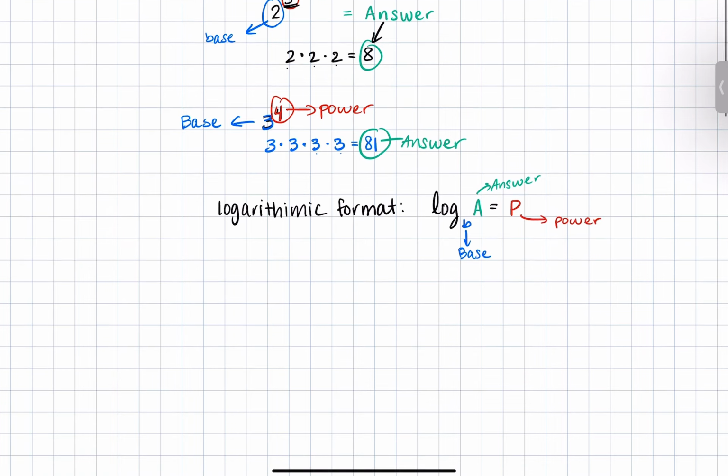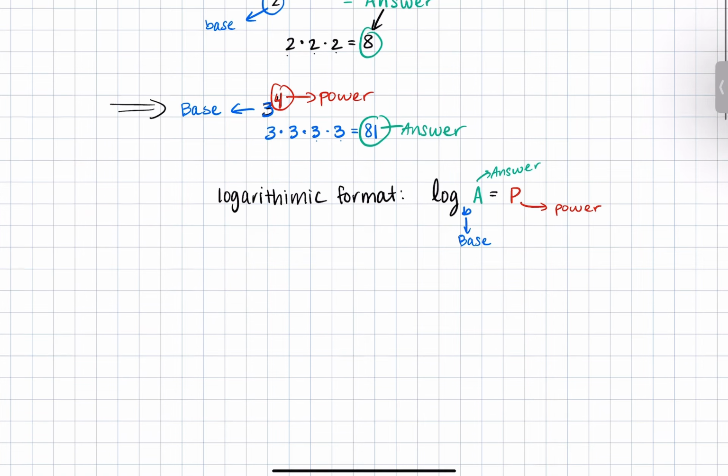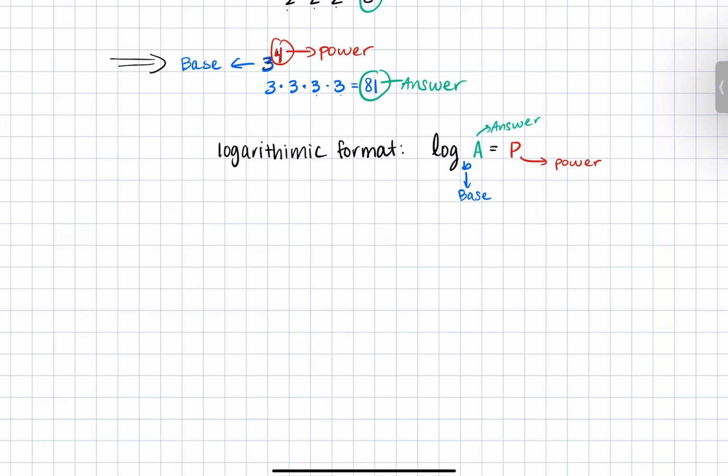So going back to our 3 to the power 4 example right over here. So we wanted to put this in log format. So this format right here, all we would have to do is write log. The base is 3, so our base is our subscript. So after we write our log, which is step 1, step 2 is writing our base, and our base is 3.